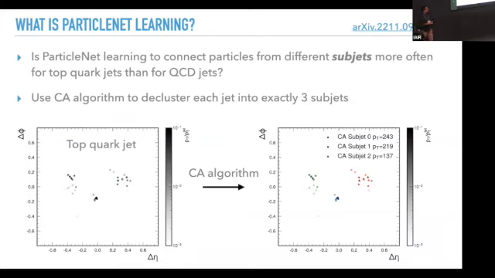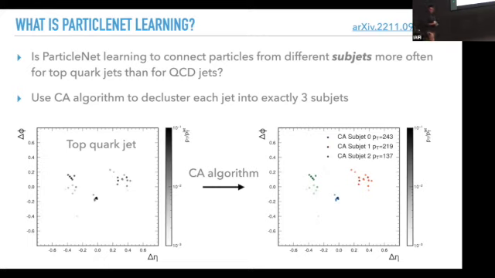Okay, but I did want to mention one other thing, which is a study done by a student at UCSD, Farooq Mukhtar, about what ParticleNet is actually learning, because you might have that question right away. Okay, this is great performance, but what's actually going on under the hood? With a lot of explainable AI methods, I find it's much more useful to ask explicit questions rather than the very vague question of what it is learning, because you can then pick it apart in a more specific way.